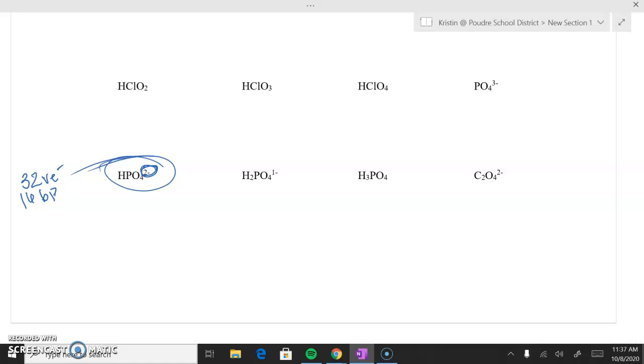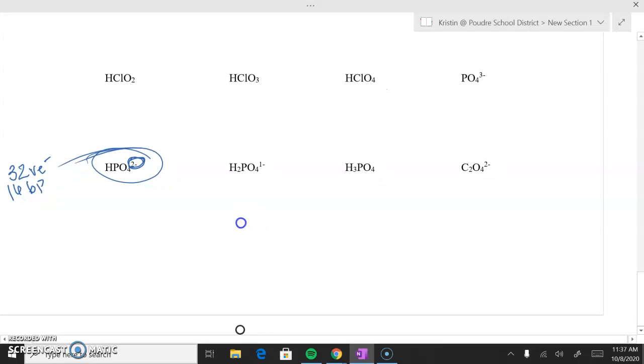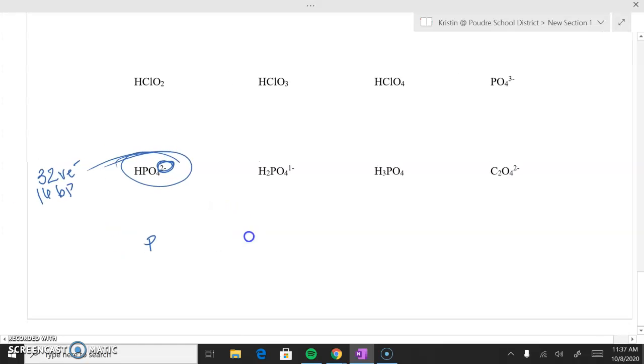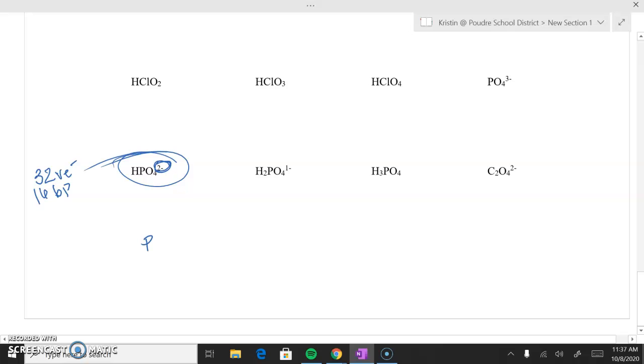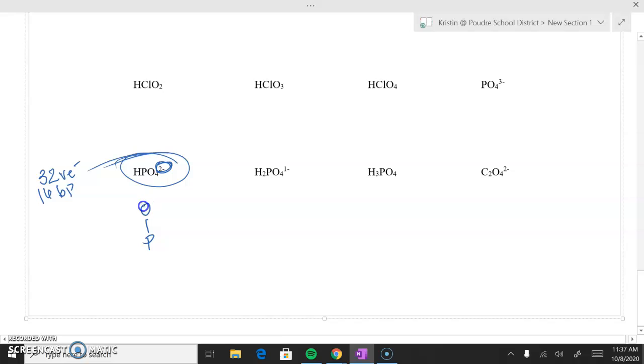So phosphorus is going to go in the middle because hydrogen can't be in the middle, and phosphorus is less electronegative than oxygen. So happy little phosphorus in the middle. Now we're going to use some bonding pairs to stick the oxygens on here.